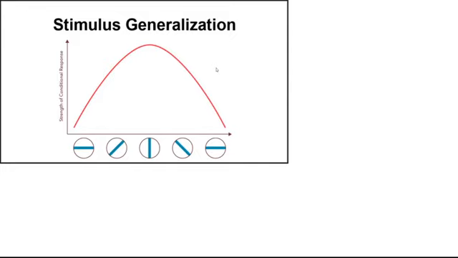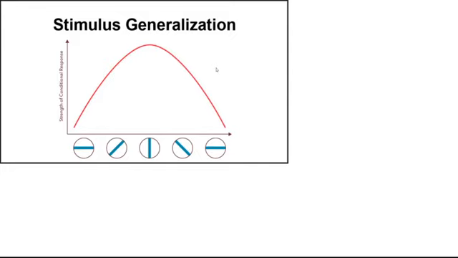But if we wanted to turn this into an operant conditioning graph, we would just change that to amount of responding. So how much is the rat pressing the lever, or how much is the pigeon pecking on the screen? We'd still see the largest amount of responding over whatever stimulus they were trained to respond to, and then we would see it trail off as we got further away.